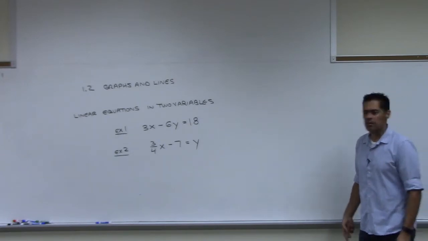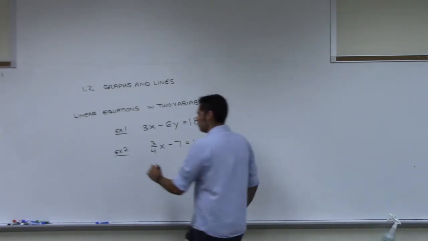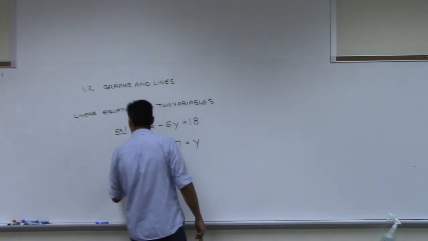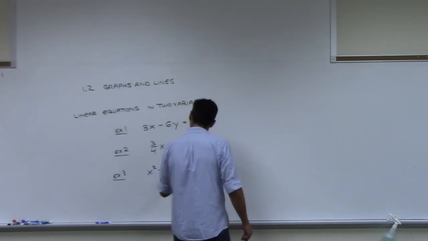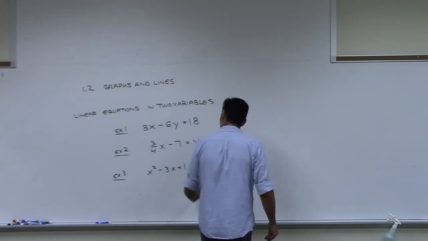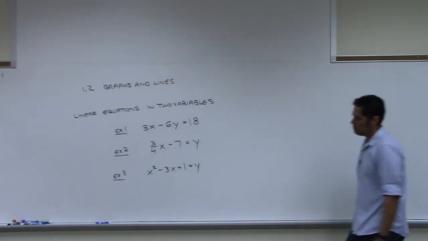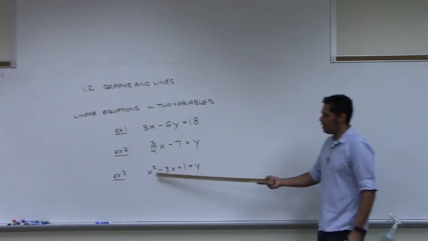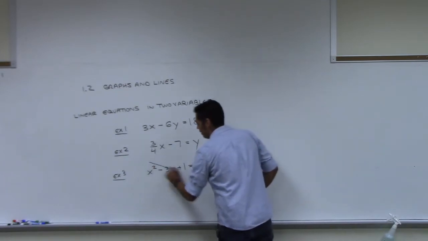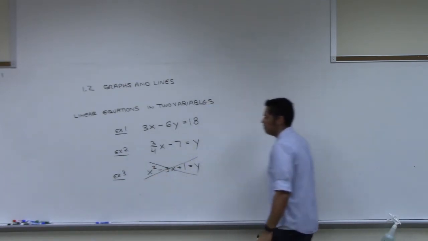That is a linear equation in two variables. Two variables? Yes. Two variables. Linear? No, because this is squared, right? This is not a linear equation in two variables.